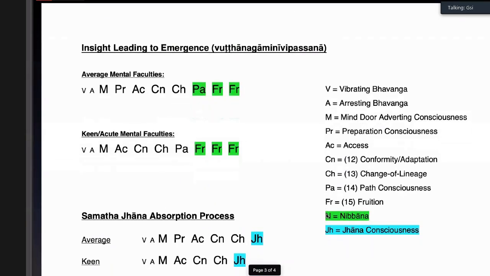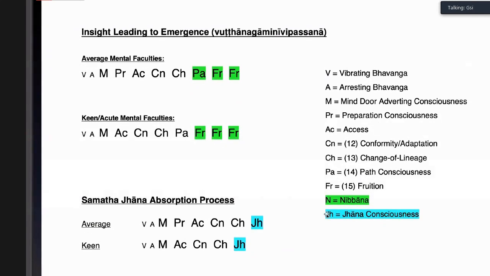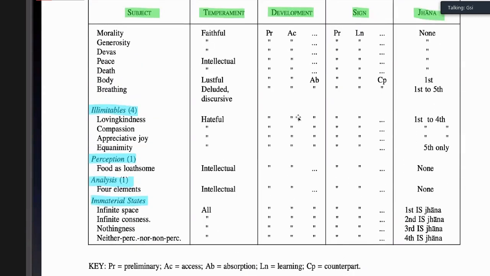Actually, I want to talk about this thing a little bit before you all go. So now you have a bit of understanding of jhana, and it is good to understand the different types of jhana. Like earlier on, we understood there is preliminary concentration, access concentration, or absorption concentration, because when you're able to attain them, you have a different karmic resultant.